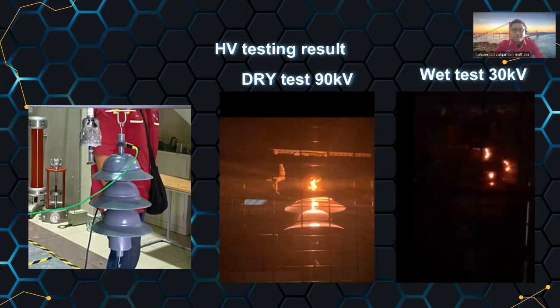For the dry test, as you can see, the spark is showing at 90 kilowatt. In the middle picture, this is the dry test for the maximum of 90 kilowatt. The spark begins from the upper hook and goes down to the middle, where the cable is inserted.